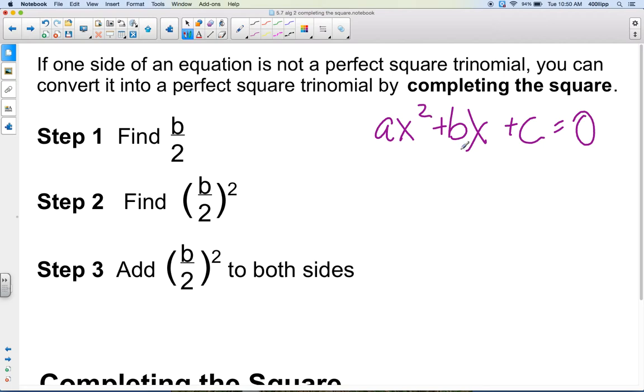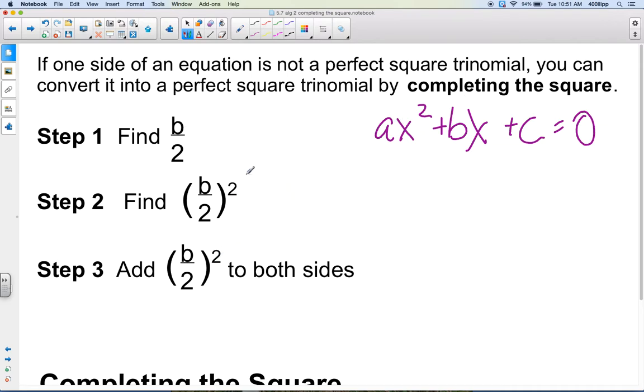So your b is for the linear term. You do b over 2, then you'll do b over 2 squared. You're going to add that to both sides because whatever you do to one side, you do to the other side. Okay? And that's going to be completing the square for us.